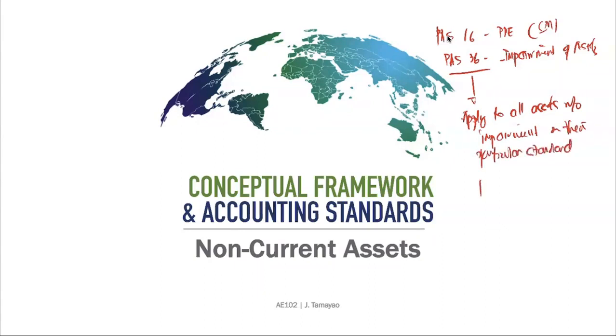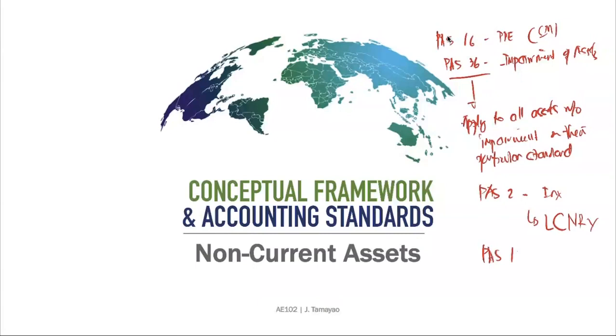Okay, so for example, PAS 2, we're done with PAS 2 inventory. So what is the impairment test? Impairment test, we have lower of cost and NRV. Now we are in PAS 16, PPE. So PPE does not have its own impairment test. Okay, so if that particular standard does not have its own impairment test, then we go to the blanket standard, which is PAS 36.